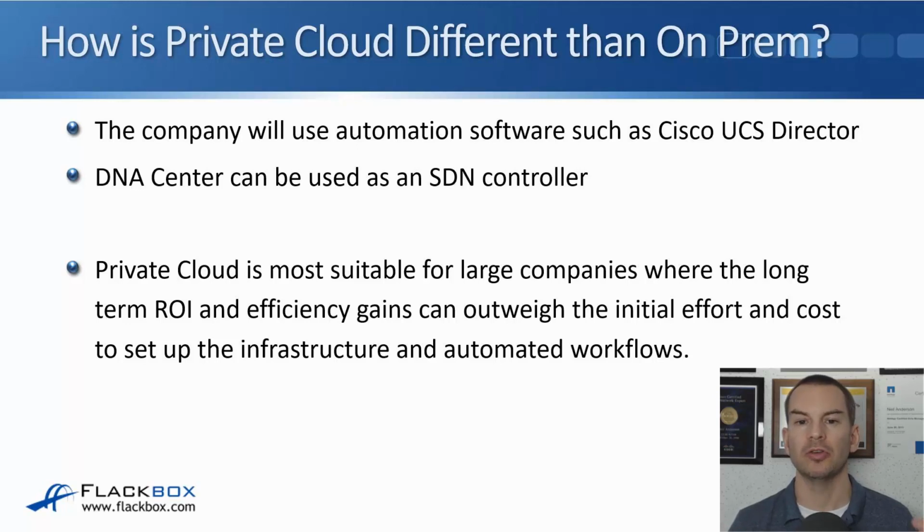The company will use automation software such as Cisco UCS Director. So again, remember when I was talking about AWS, and we said that there was that front-end software, which is usually configured through a web-based GUI, and that's what gives you the self-service.